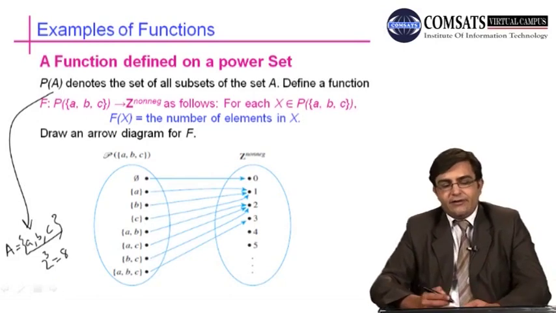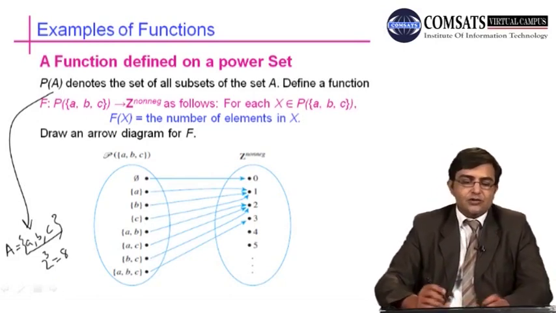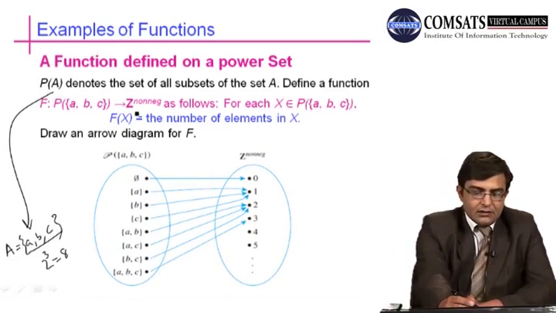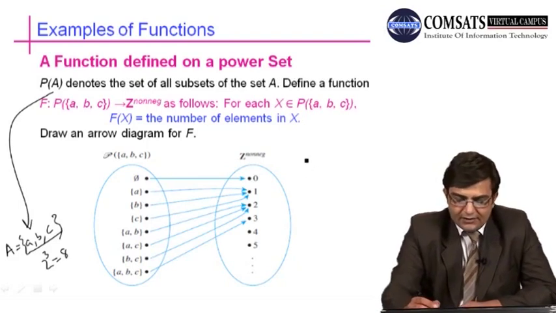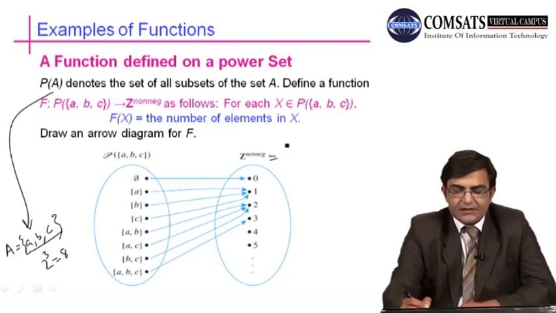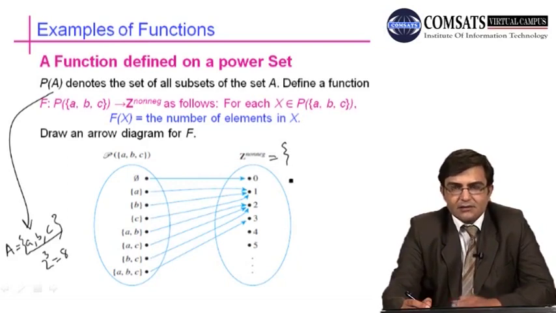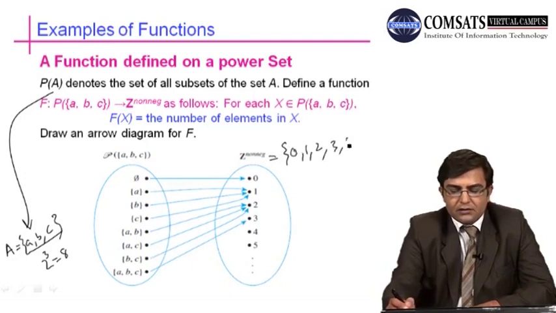How do we define the function on this set to the set Z non-negative? Here Z non-negative is the set of integers which contains only non-negative integers, not the negative ones. In non-negative integers we have 0, 1, 2, 3, 4 and so on.